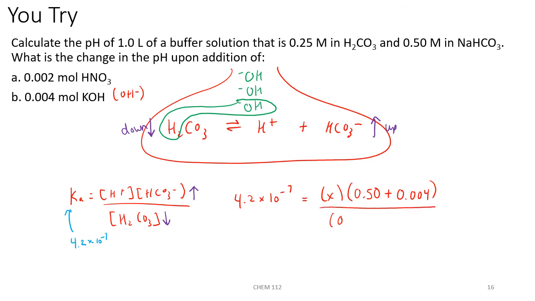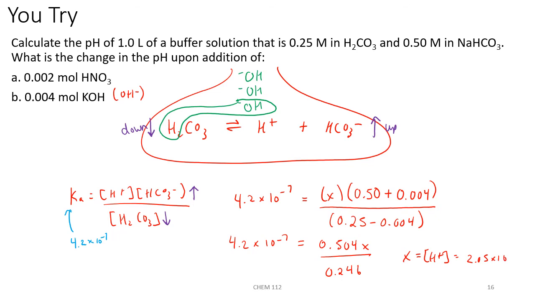And our initial concentration of the carbonic acid was 0.25 molar, and we're going to subtract 0.004 because every drop of base that we add reacts with a mole essentially of the carbonic acid, forming another mole of the bicarbonate. So that reduces down to 4.2 times 10 to the negative 7th equals, we're going to have 0.504 x on the top over 0.246.